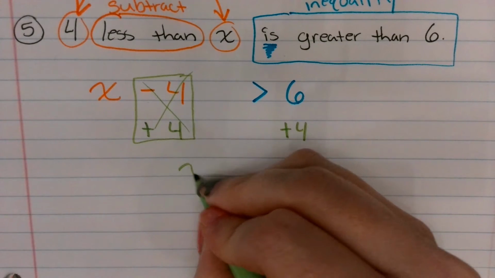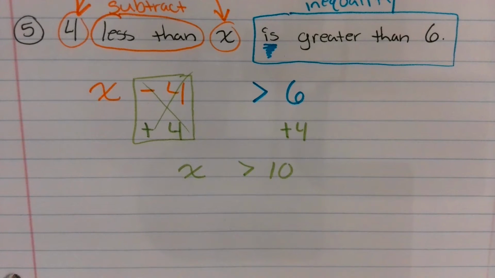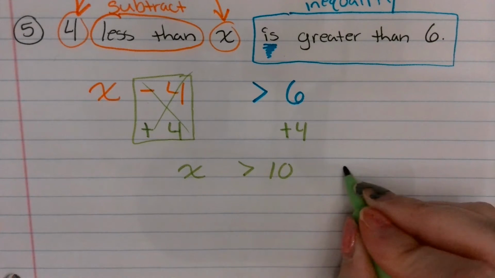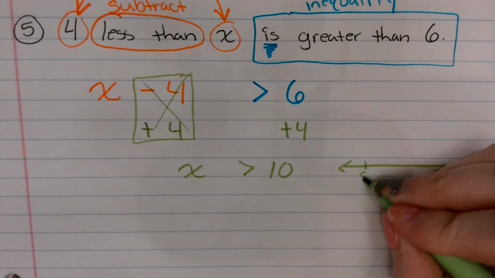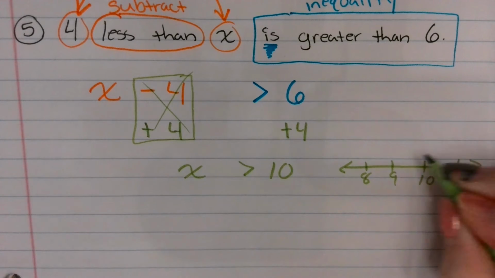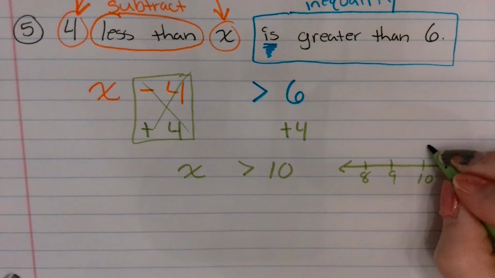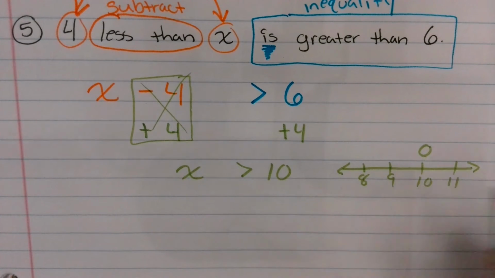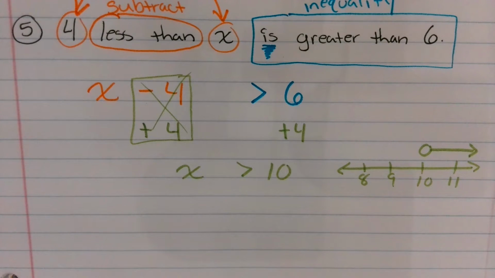That's going to give us x is greater than 10. And of course, we could draw our quick little number line. If I've got 8, 9, 10, 11, I know it's going to be an open circle because there's not an equal sign underneath it. And it's pointing to the right, so I'm going to shade to the right. And then I'm done.